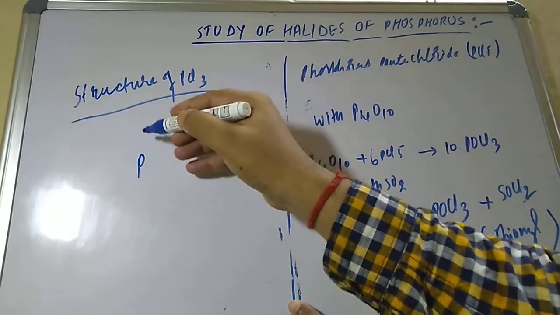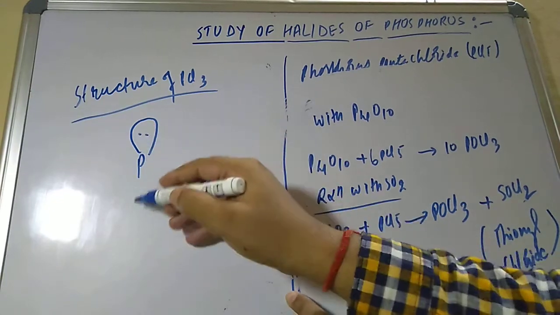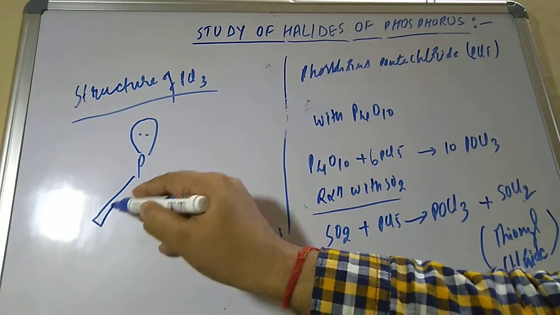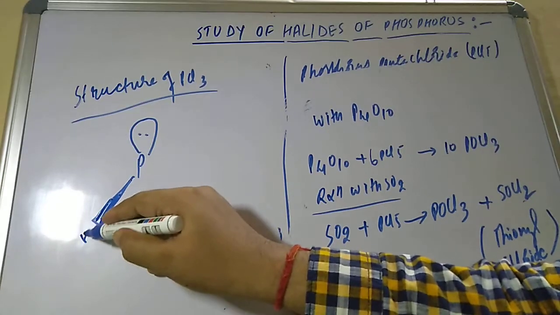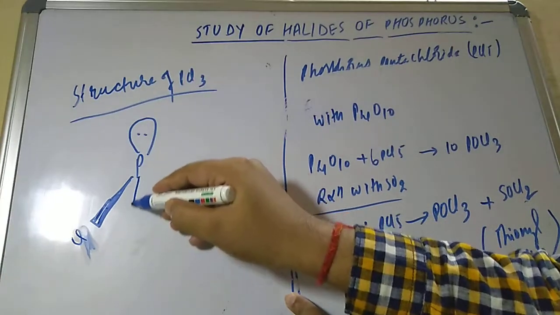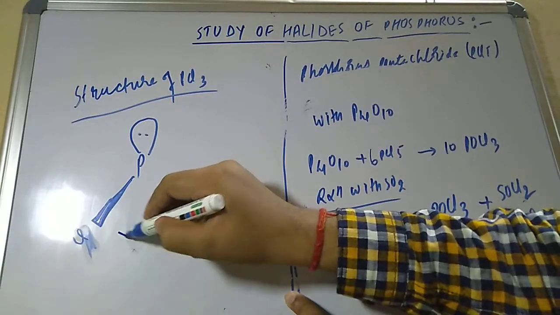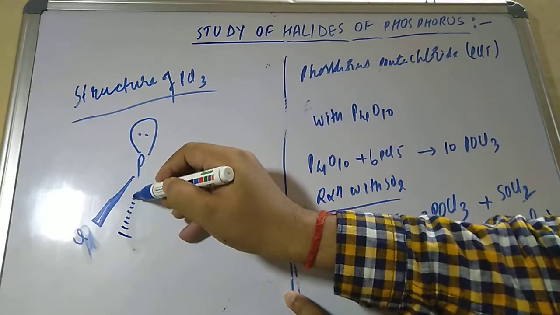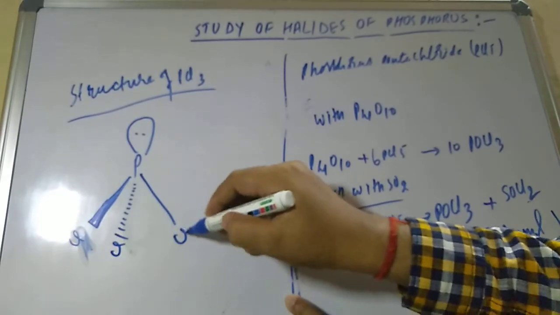It has a pyramidal structure, in which one orbital has a lone pair of electrons, while the other 3 orbitals are there, where we are representing the 3-dimensional structure here. This is the Cl, this is 3Cl.